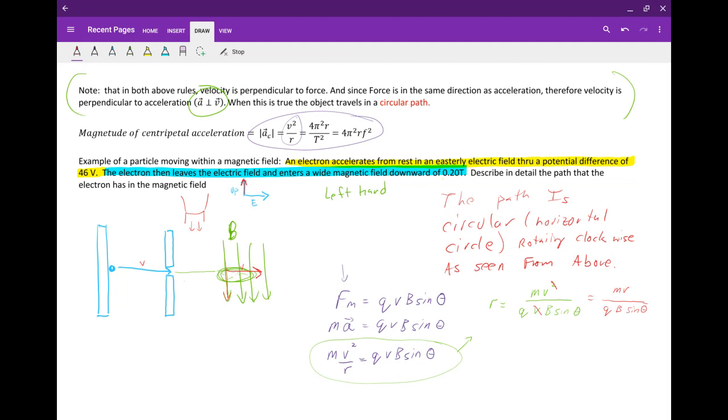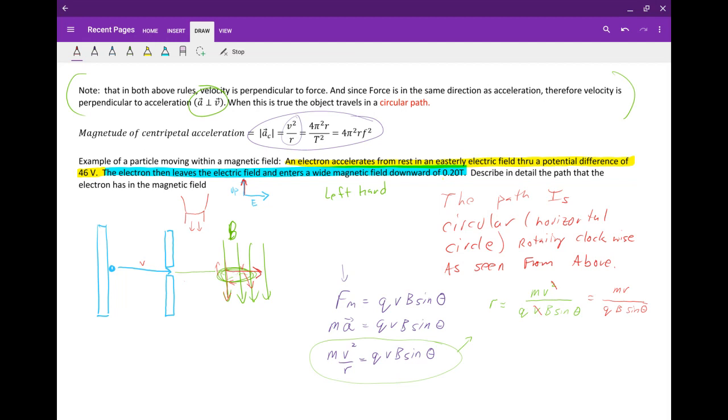And then later on, my velocity will be maybe not east, but south. Then it'll turn around and be west, and then it'll be north. But what's the angle between west and down? 90 degrees. North and down, 90 degrees. South and down, 90 degrees.